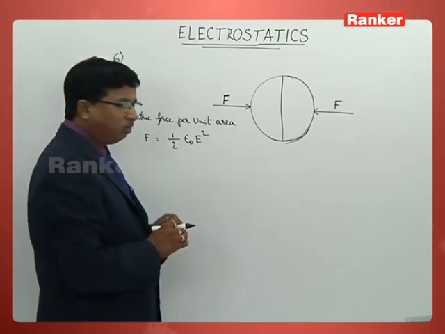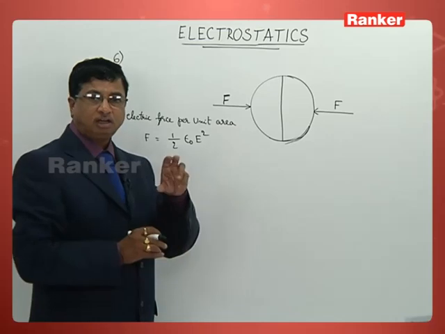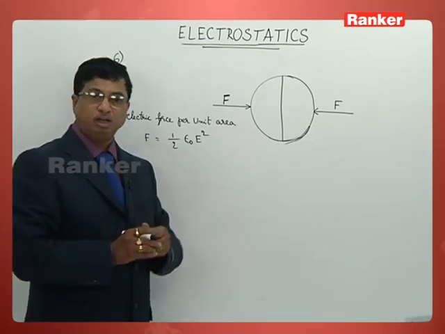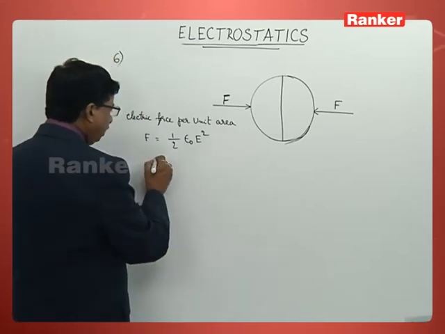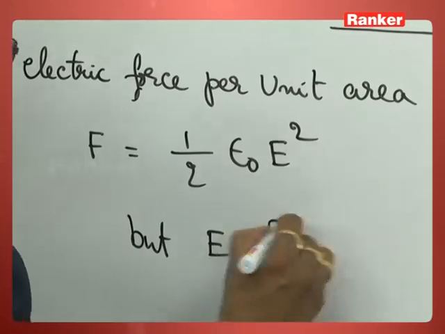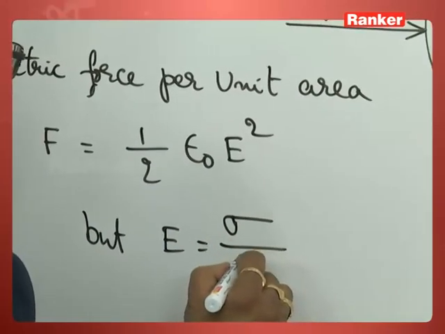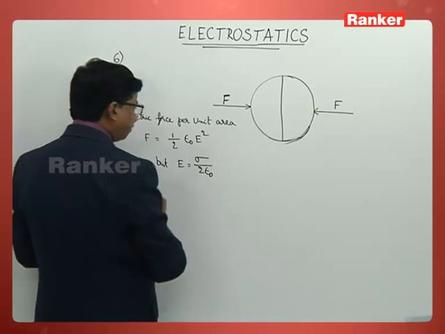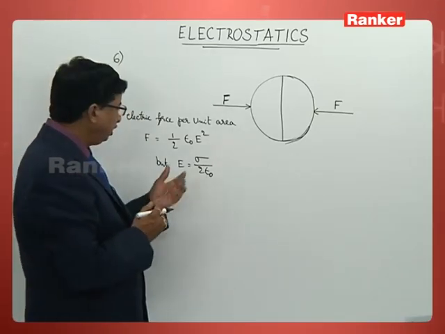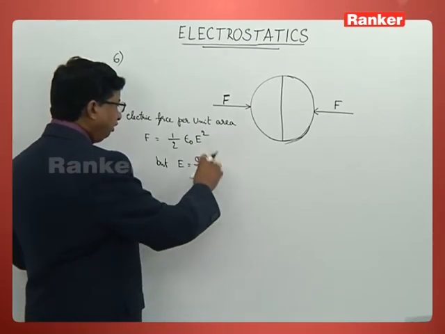But what is E over here? E is the electric field strength or the intensity of electric field. But all of us can understand well, electric field intensity is sigma by 2 epsilon naught. That is also the formula we know. So what can we write now in this case? Write this value here.